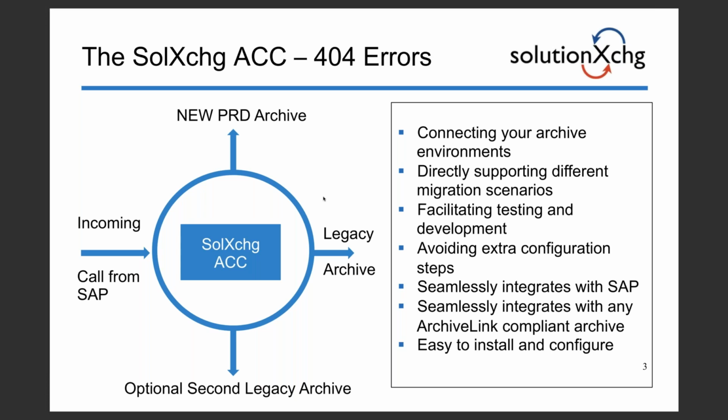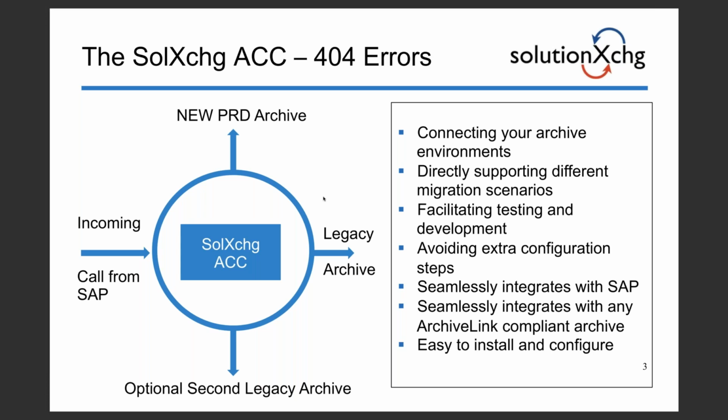The one we're reviewing today is avoiding 404 errors when accessing documents that were archived in a production environment and could then be accessed in the production environment just by double-clicking or going to the attachment list displayed from an archive. But once you copy your system, those links that connect to the production document are broken.